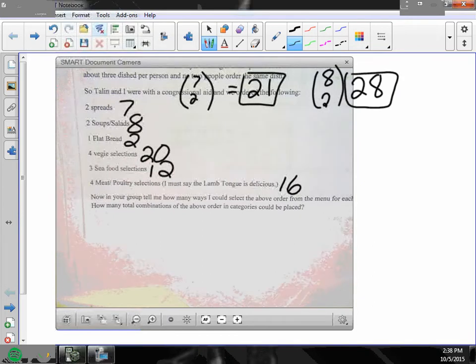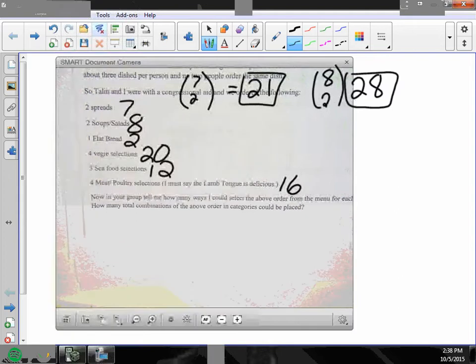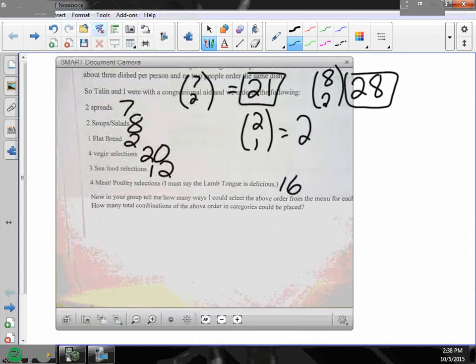What about 2 choose 1 for the flatbread? So 2 choose 1, it's going to be 2. And for the veggie selection, 20 choose 4. Well, I don't have row 20 on that triangle on the wall. So we got to go to our calculators.